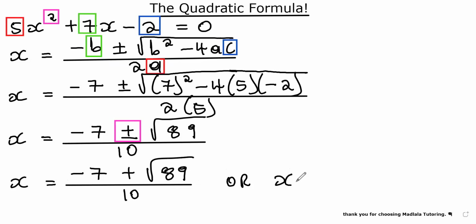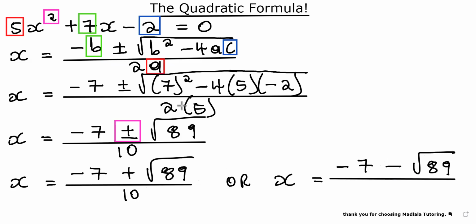Or now we go to the second solution. Well, x here is still going to be negative 7, but now we say minus the square root of 89, and everything is divided by 10. Do you see that? That is how we resolve this plus or minus.